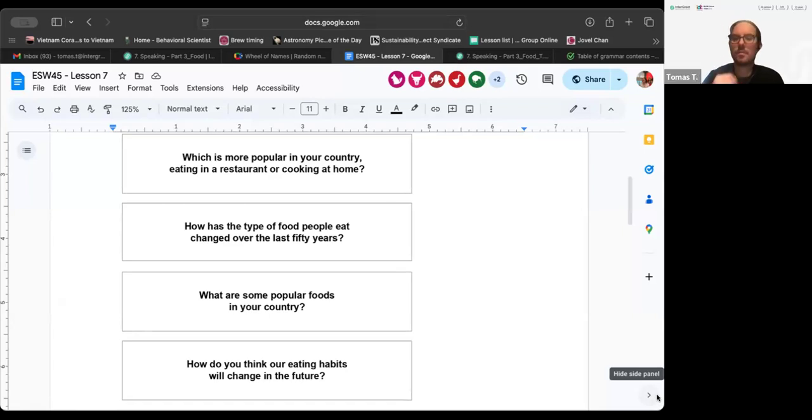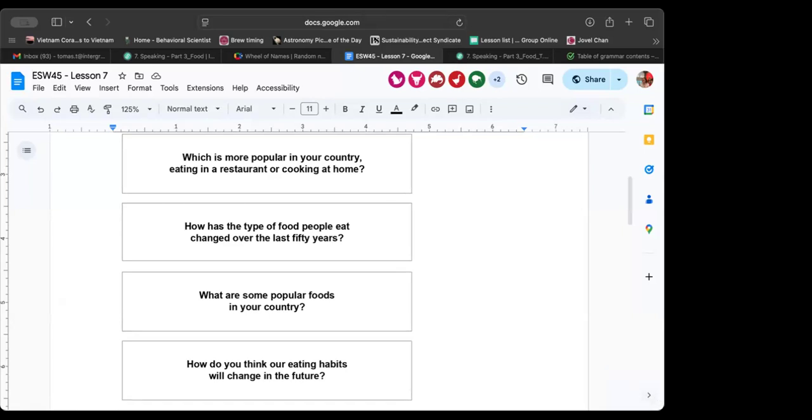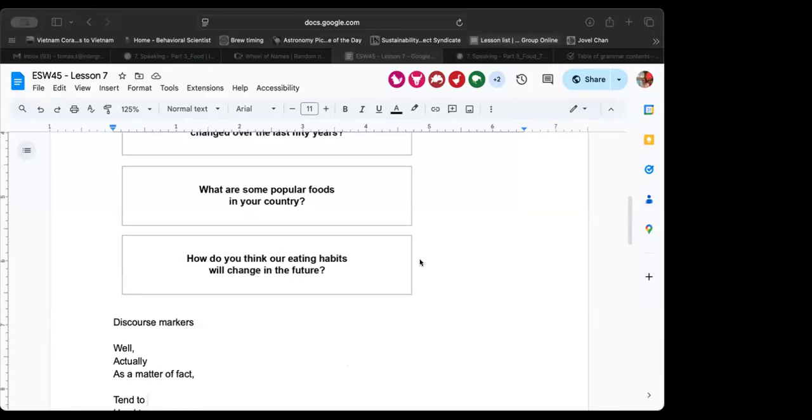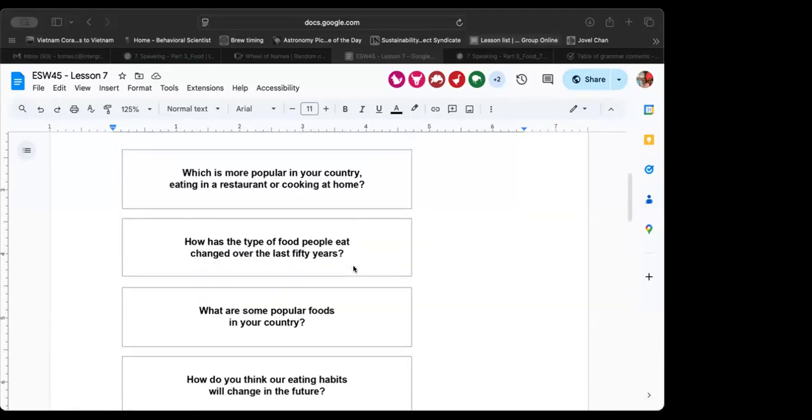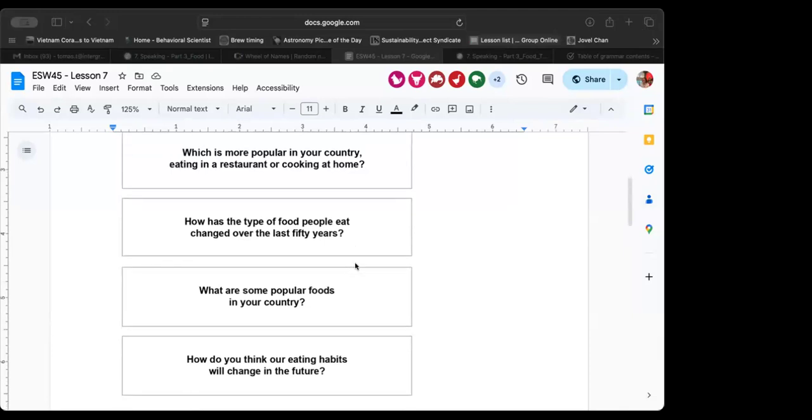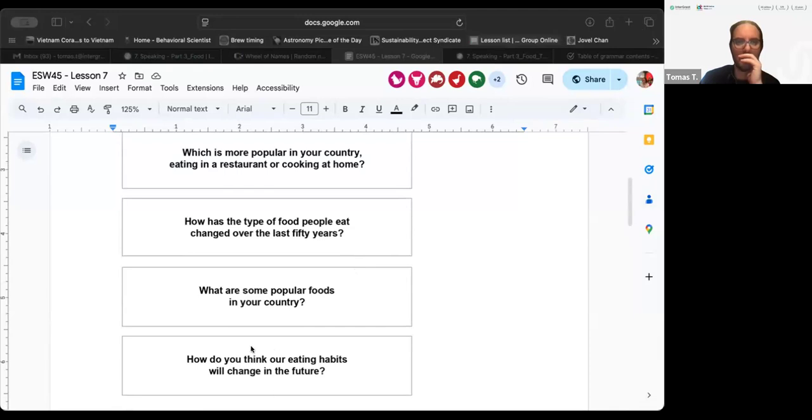Families usually enjoy spending time together while preparing meals. However, eating out is becoming more common among young people now due to their busy lifestyle and in the future.